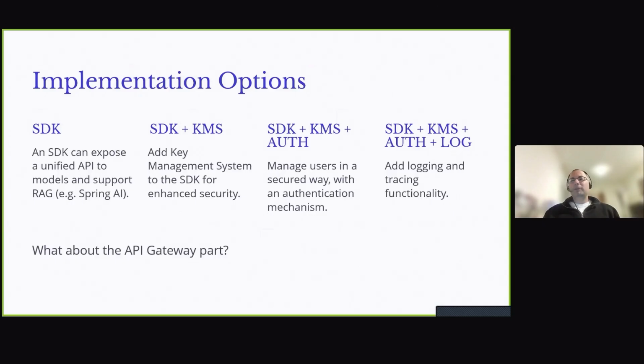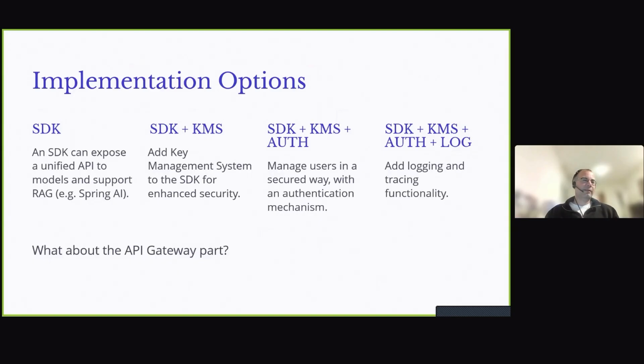So how can we do it? How can we implement such a thing? Here in this slide, I've described the gradual growth of such a system. If you want to build it on our own or use some other tools as building blocks for this gateway, we can start with a simple SDK, right?